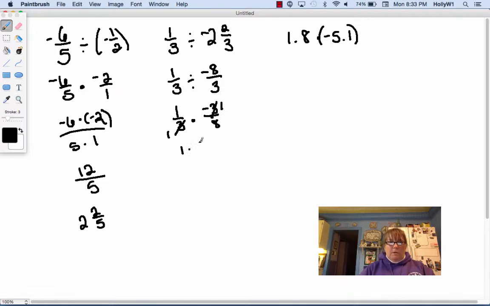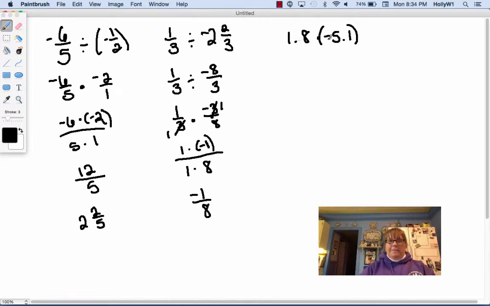So that gives me 1 times the -1 over 1 times 8, which will give me -1 over 8. So -1/8. And I'm going to check the negative. If I go back to the problem itself, it's a positive divided by a negative, which will give us a negative.